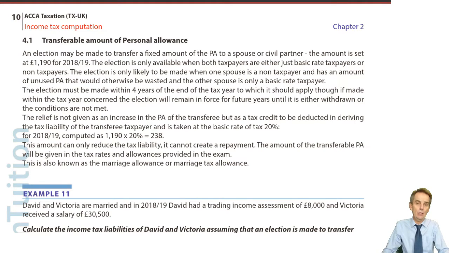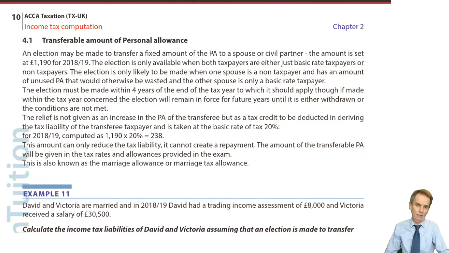Now, wouldn't it be nice if some part of the personal allowance of the individual with the low level of income, the one who is not using all of their personal allowance, could be transferred across to the other spouse to save tax for them?